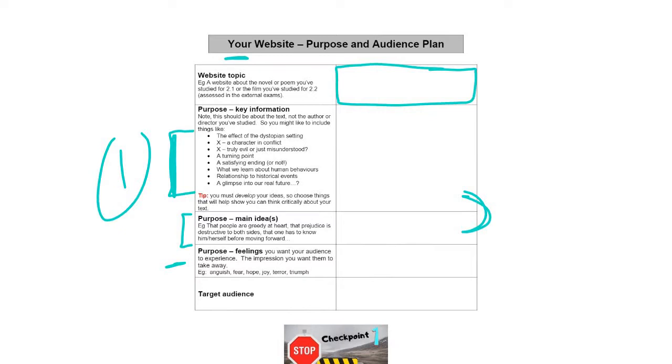And obviously your target audience, be reasonably specific on that. It will help you cater better for them within your website. Obviously a website for the elderly is going to be quite different in language and graphics than something for teenagers. So that's where your first plan comes in.